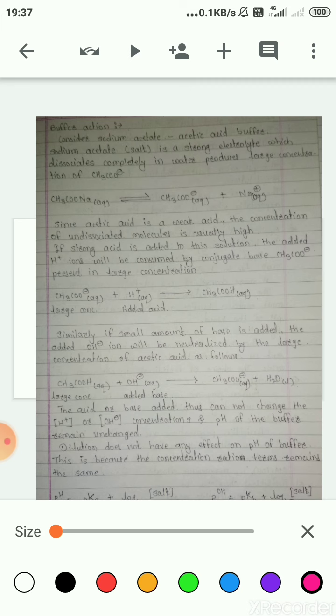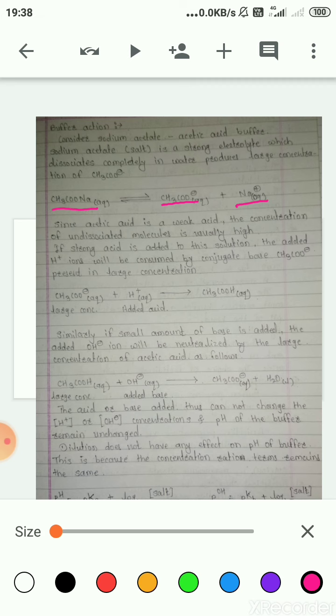So first, consider the salt sodium acetate. This sodium acetate, CH3COONa in aqueous solution, undergoes dissociation to form CH3COO minus ion and Na plus ion.